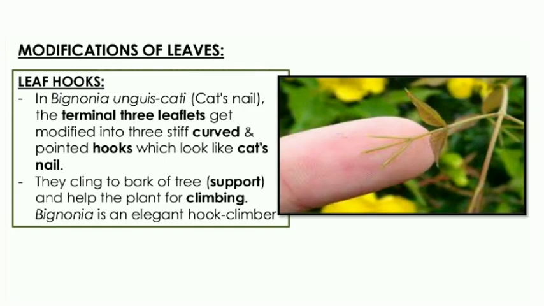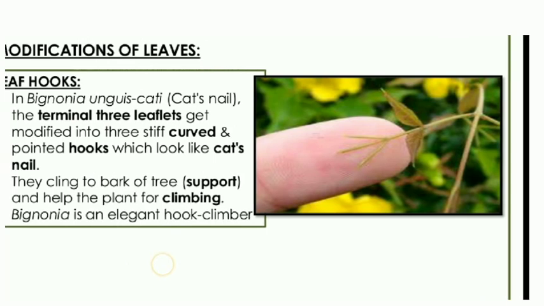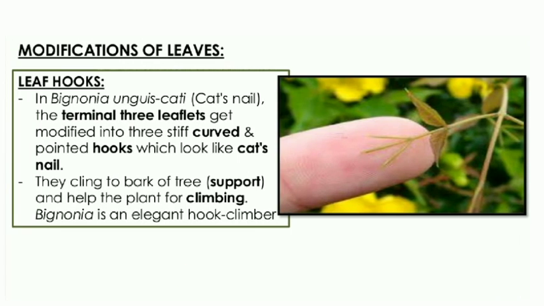Then leaf hooks. In Bignonia unguis-cati, the cat's nail, the terminal three leaflets get modified into three stiff curved pointed hooks which look like a cat's nail. Just remember, hook.